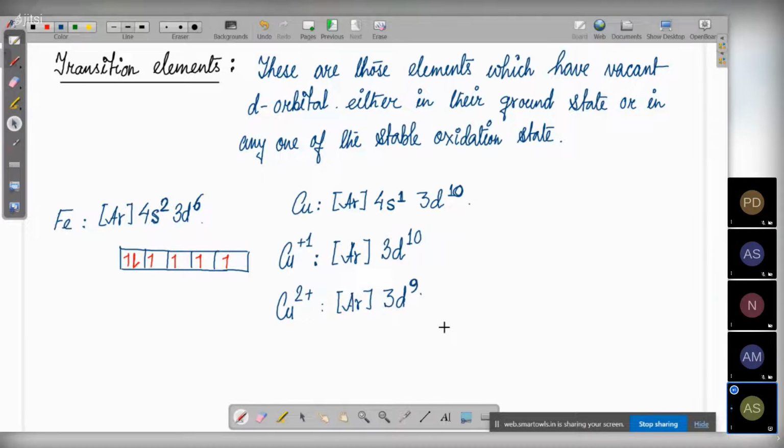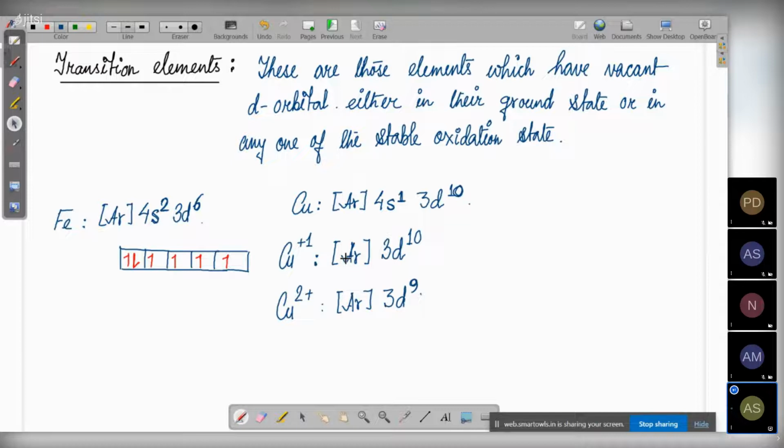So now for copper 2+, you can see that yes, there is a vacant d orbital. Because the d orbital can hold a maximum of 10 electrons, but copper 2+ has 9 electrons. So it is a partially filled d orbital.